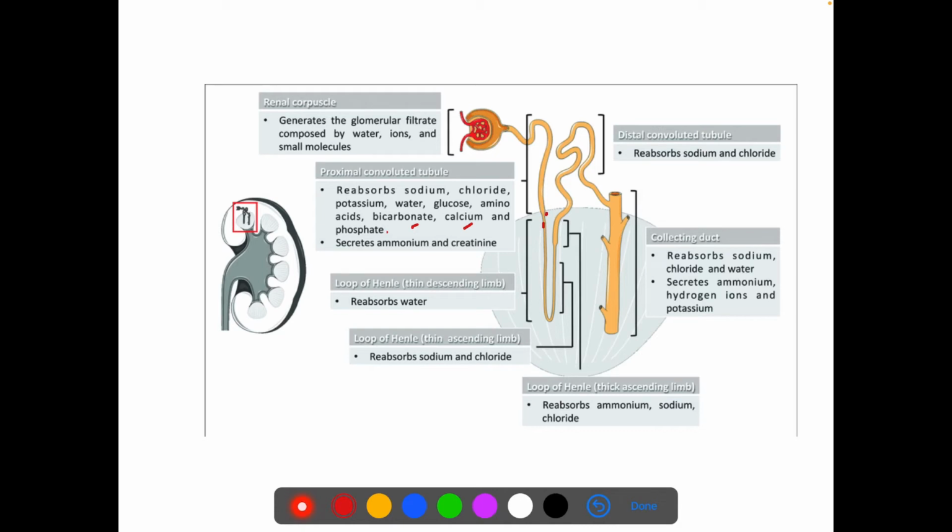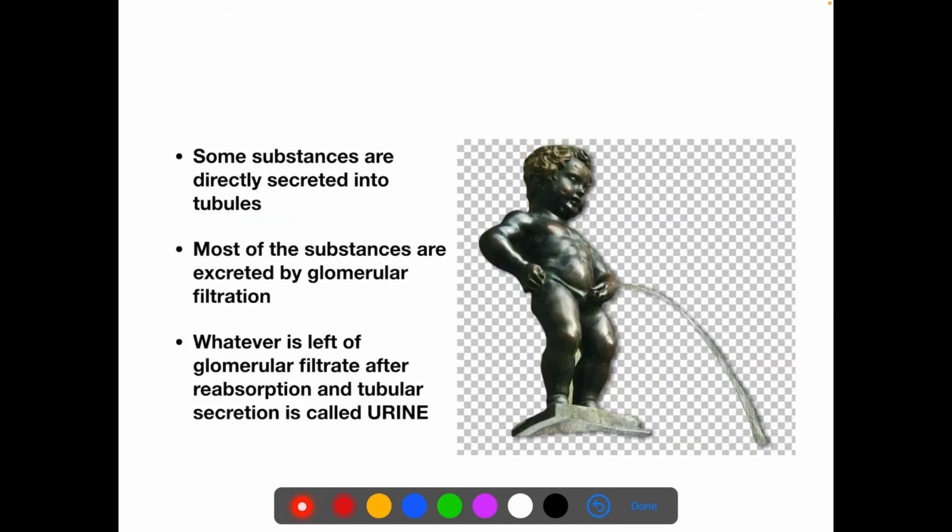There is direct secretion of hydrogen ions and potassium. So that means some substances are directly secreted into the tubules. Most substances are excreted by glomerular filtration, and whatever is required by the body will be reabsorbed by the kidney.